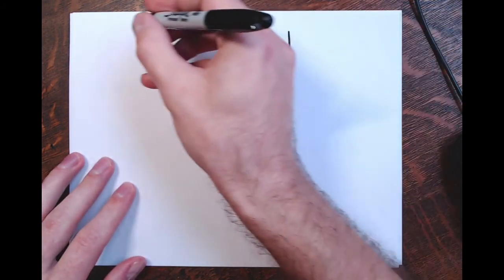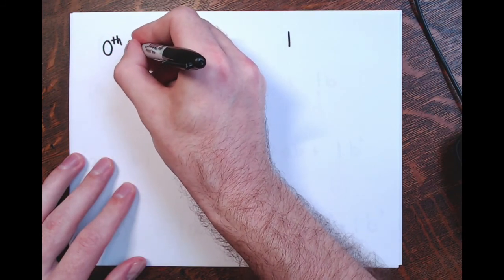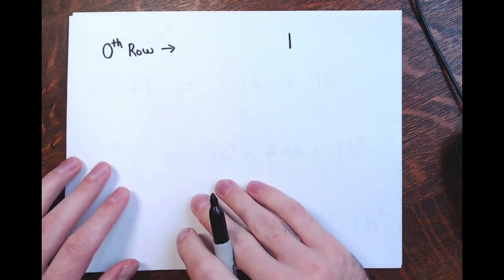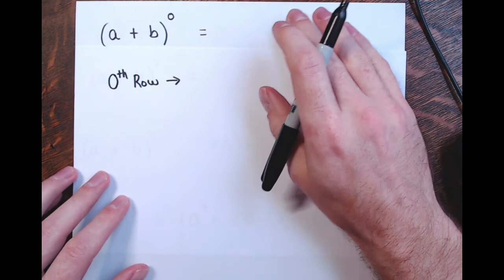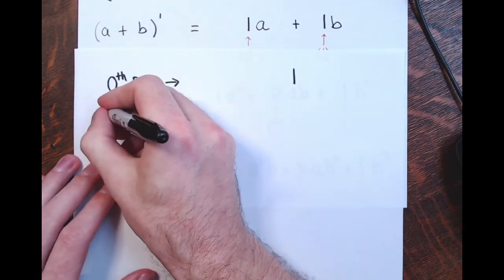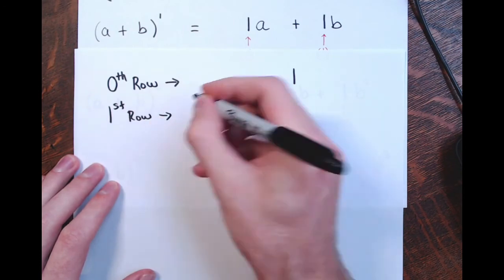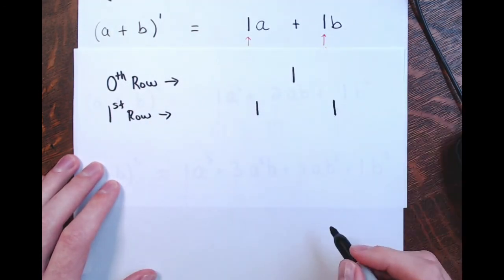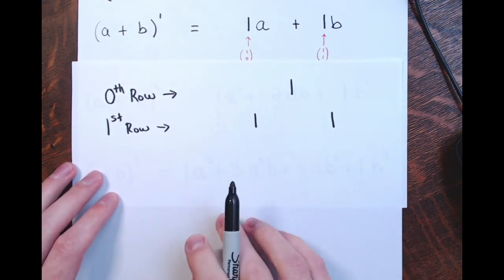Instead of using the letters, I'm just going to write this same thing, but with the coefficients. When I did a plus b, we'll call this the 0th row, because that was when I raised a plus b to the 0, right? And then the next one we'll call the first row, because it's when I was raising a plus b to the first, and I got coefficients of 1 and 1, which were 1 choose 0 and 1 choose 1.